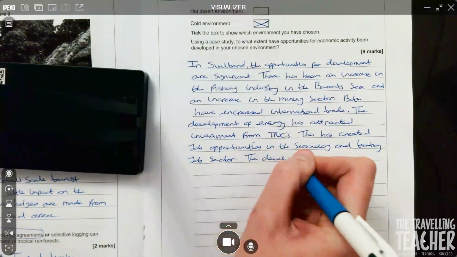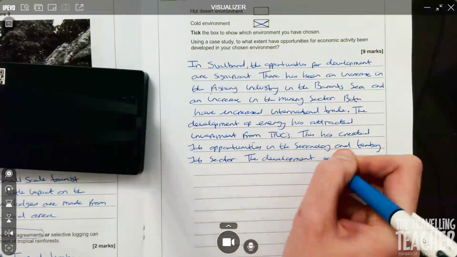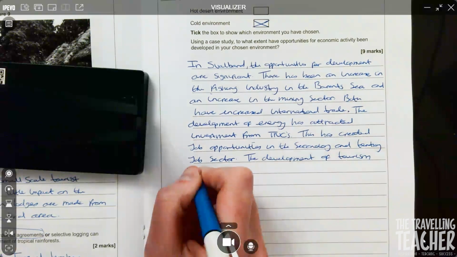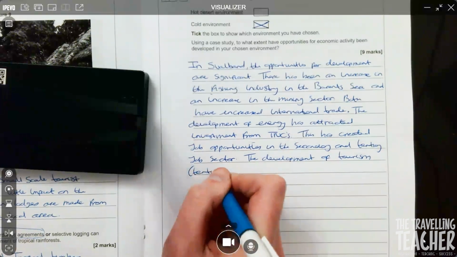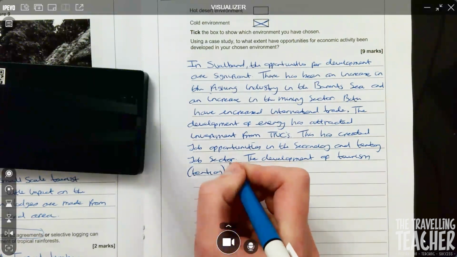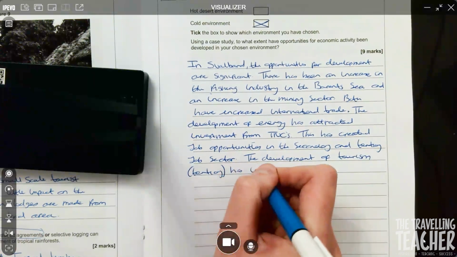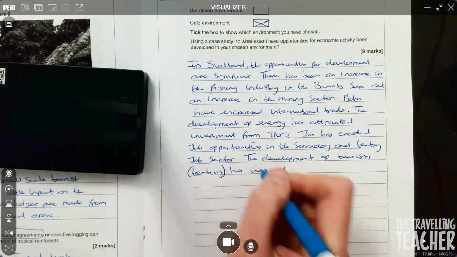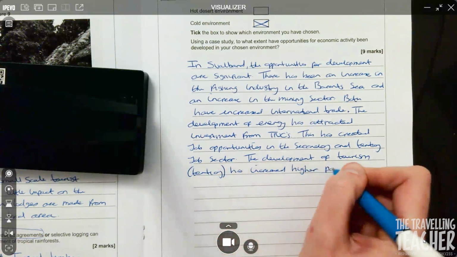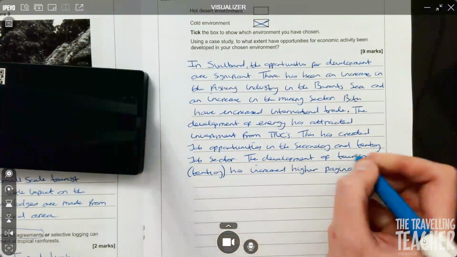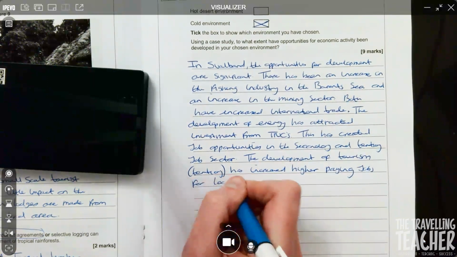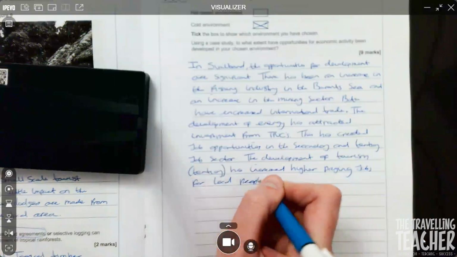The development, new sentence, of tourism in the tertiary sector has increased higher paying jobs for local people.